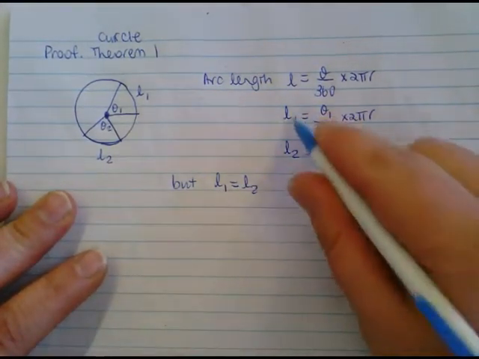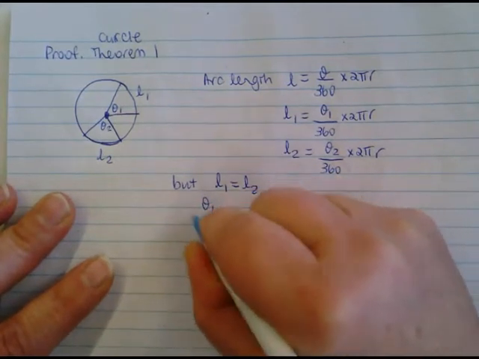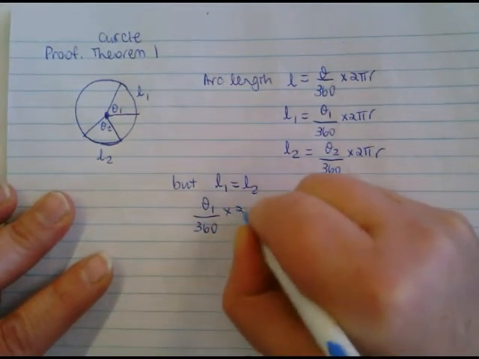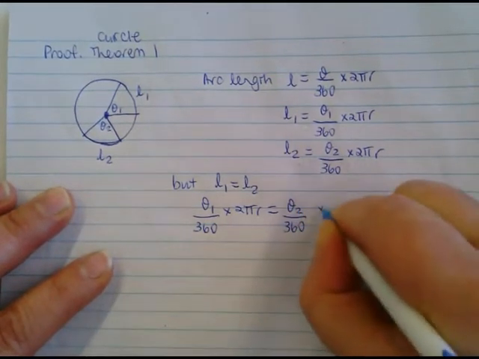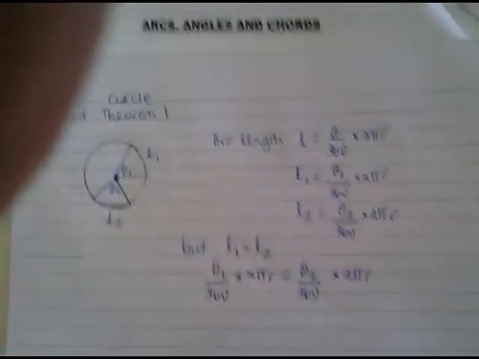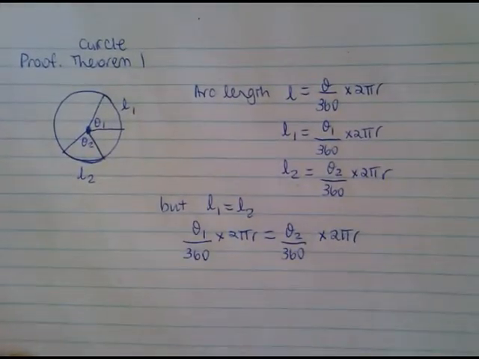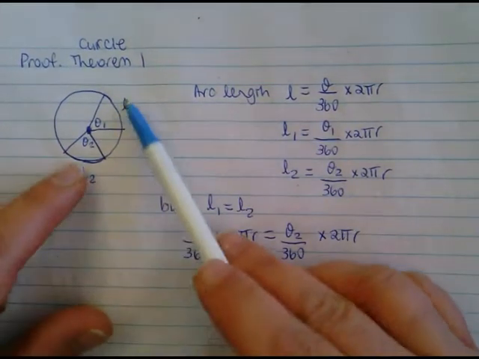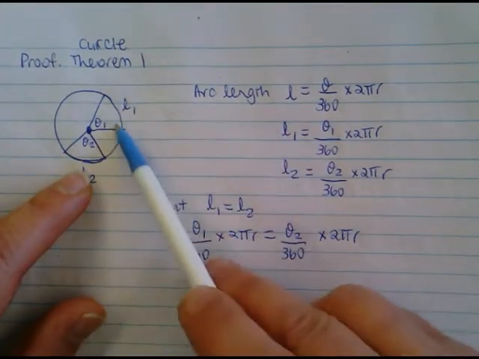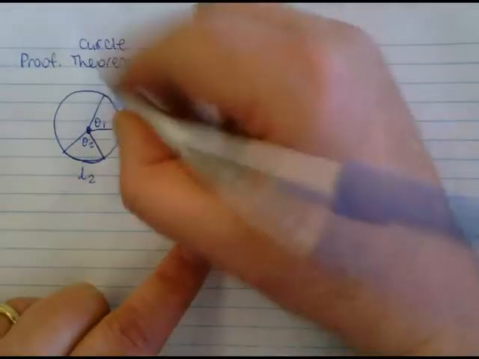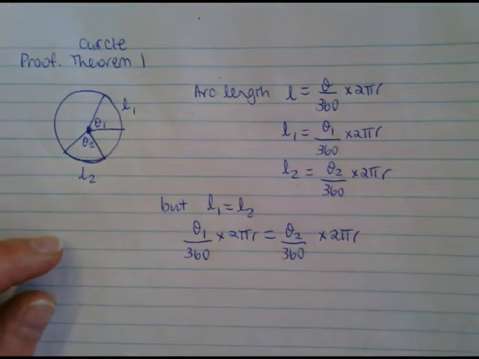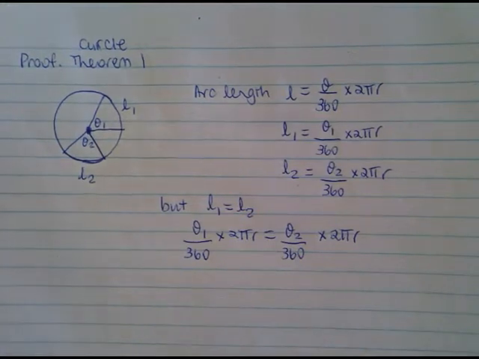So if L1 equals L2, then theta 1 over 360 times 2 pi r equals theta 2 over 360 times 2 pi r. We okay with this? Remember, the theorem is equal arcs subtend equal angles at the center. We're just writing an expression for the length of arc L1 and the length of arc L2. We know that L1 equals L2 because we're trying to prove that if the arcs are equal, the angle at the center is equal.